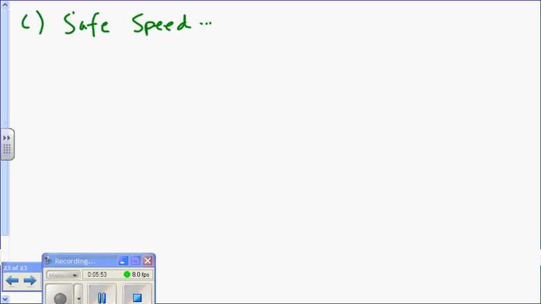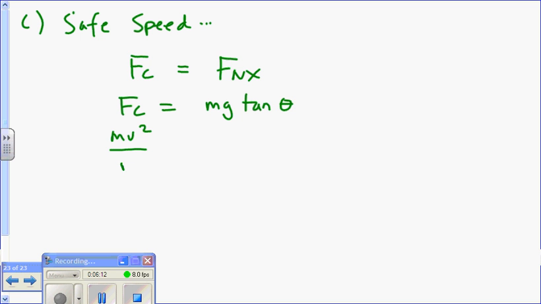But really that's saying such that my centrifugal force is equal to my x component of normal, which we already determined was Fc equal to mg tan theta, or mv squared over r. Masses cancel, which by the way gives us our answer to part D.